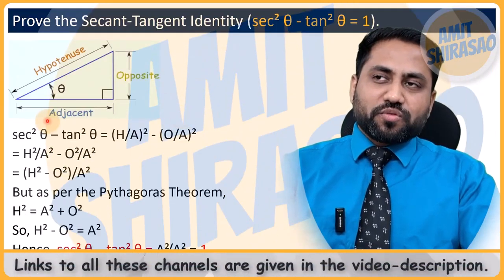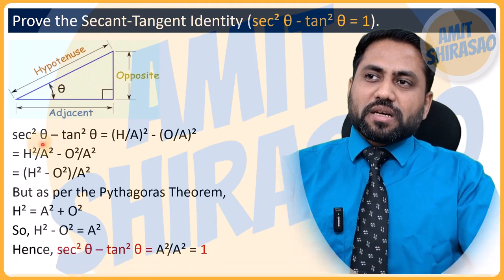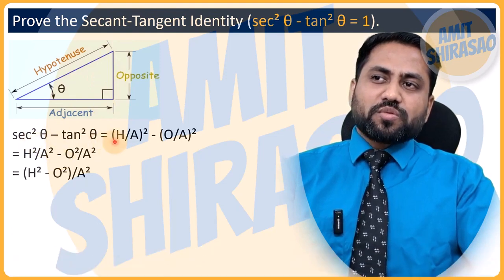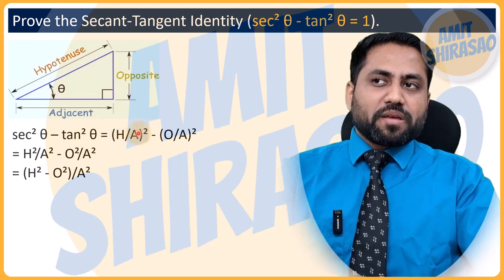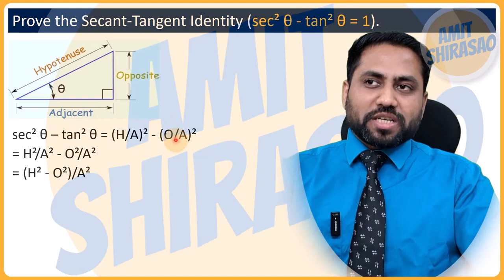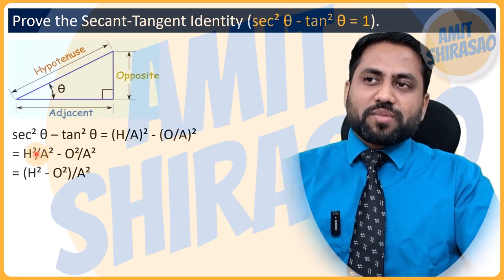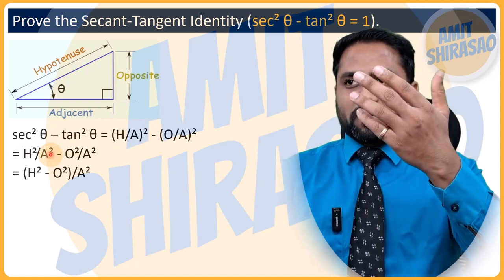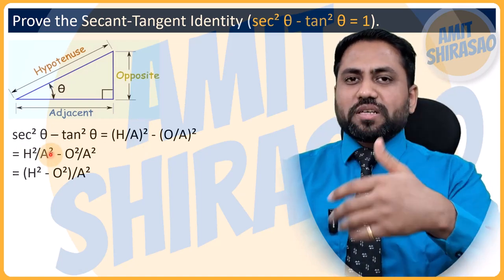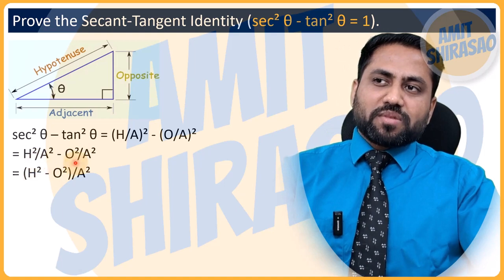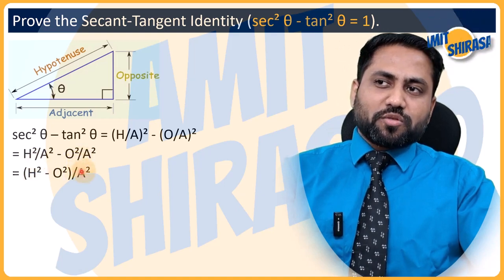So here let's prove this identity. Sec means hypotenuse upon adjacent, squared, and tan means opposite upon adjacent, squared. Now as you can imagine, I'm distributing the square between numerator and denominator, and then I'm taking the denominator common.